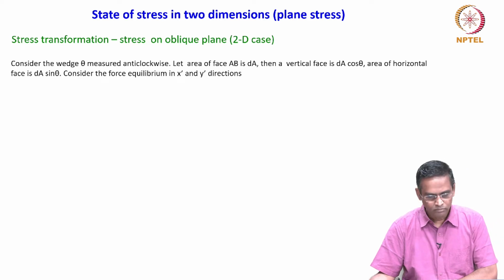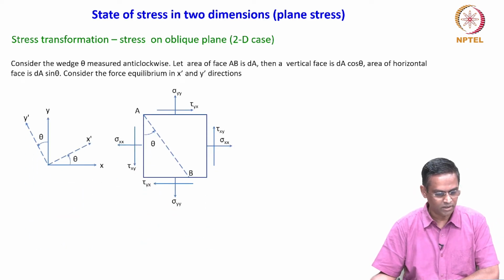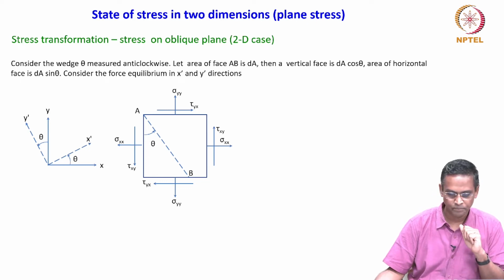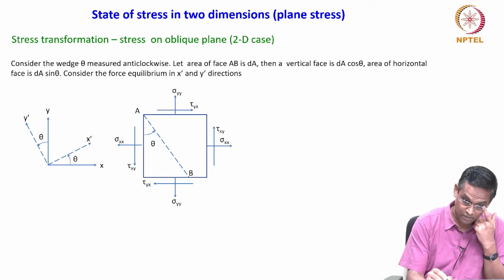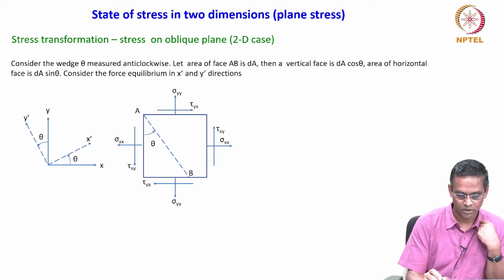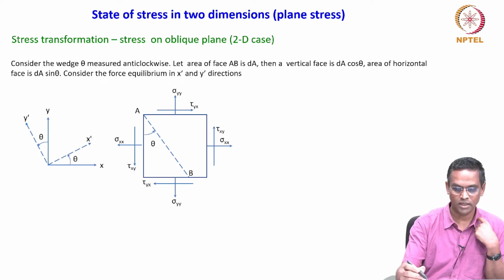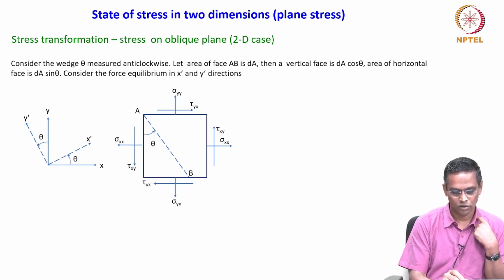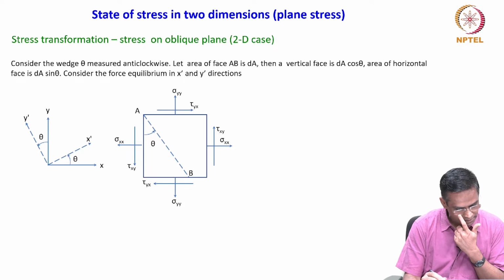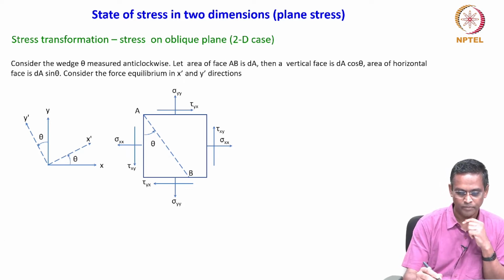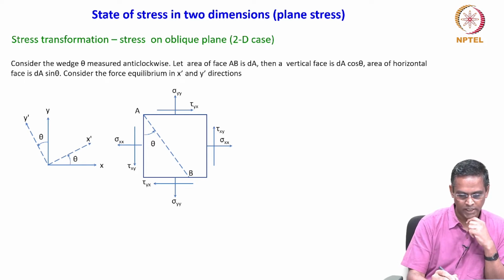So, before I look at this, let us take this kind of geometry where you have this square which is subjected to biaxial loading. That is why we say that it is a plane stress, right. So, sigma xx, sigma yy, and tau xy and tau yx here.